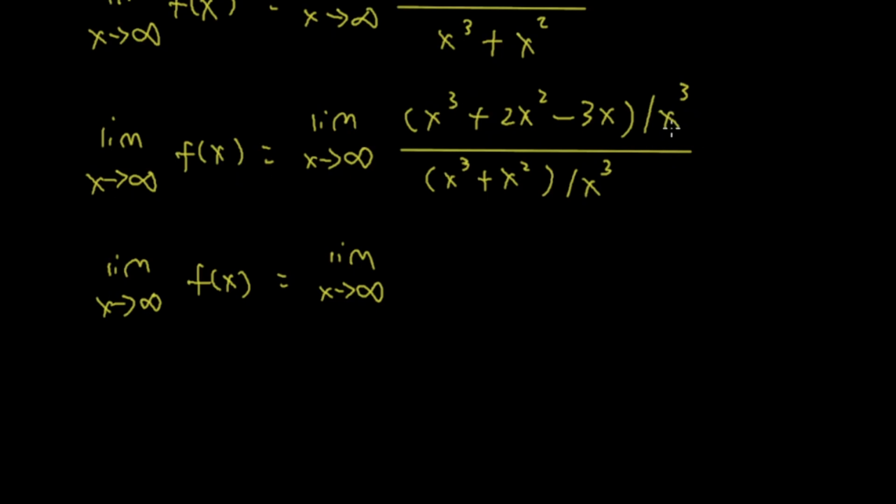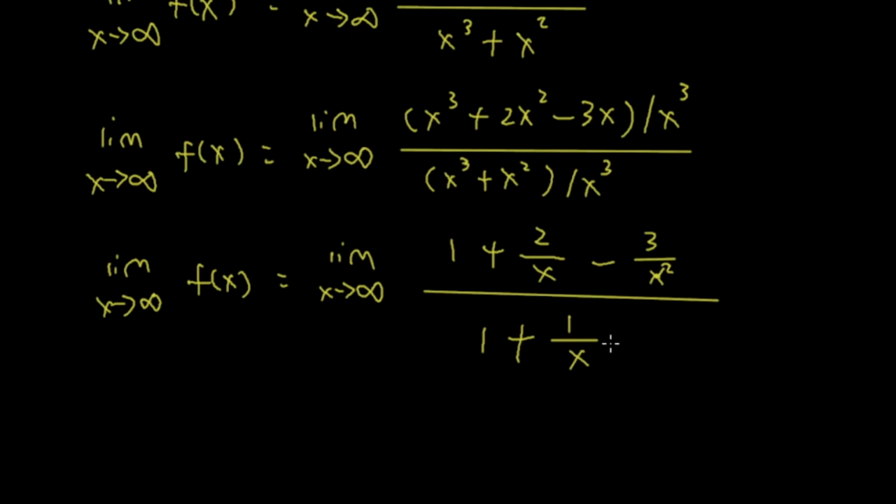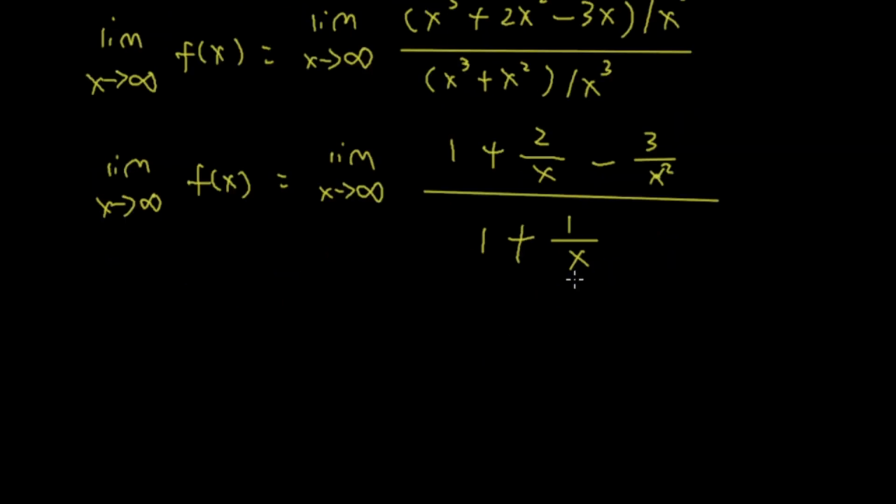The top here, x cubed over x cubed is 1, plus 2x squared over x cubed is 2 over x, minus 3x over x cubed is 3 over x squared, divided by x cubed over x cubed is 1, plus x squared over x cubed is 1 over x. Now you can put infinity into x here.